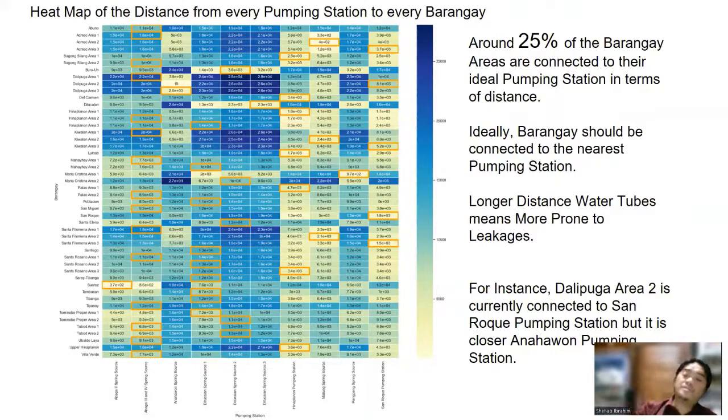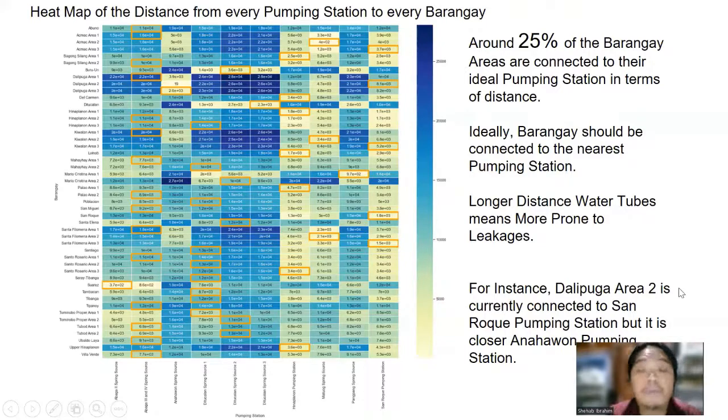Obviously, longer distance water tubes means more prone to leakages. So for instance, the Lipuga Area 2 is currently connected to San Roque Pumping Station, which is 8,100 meters or 8 kilometers away. But the Lipuga Area 2 is very much closer to Anahawan, which is just an estimated 19 meters.